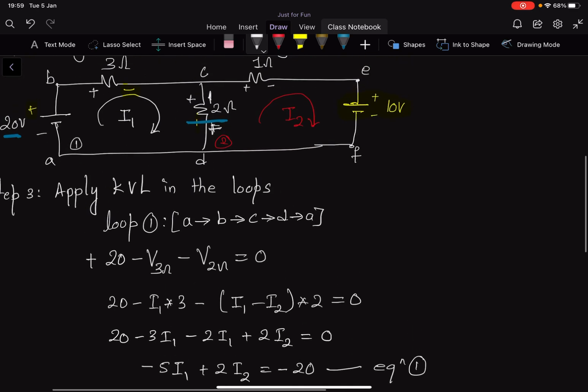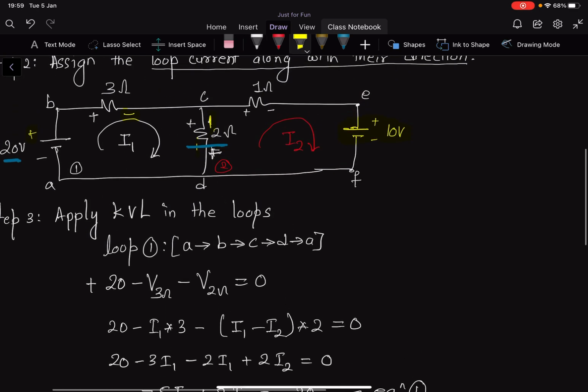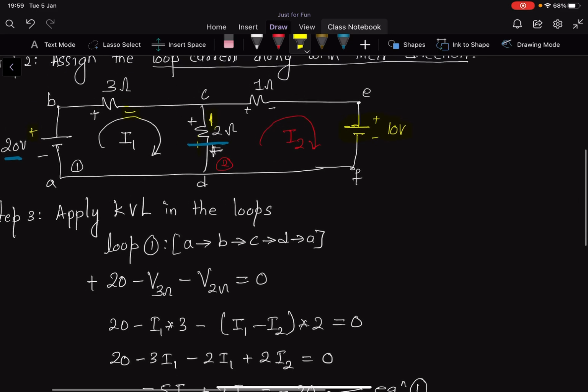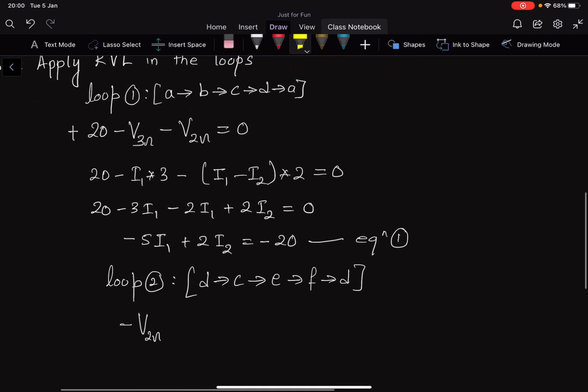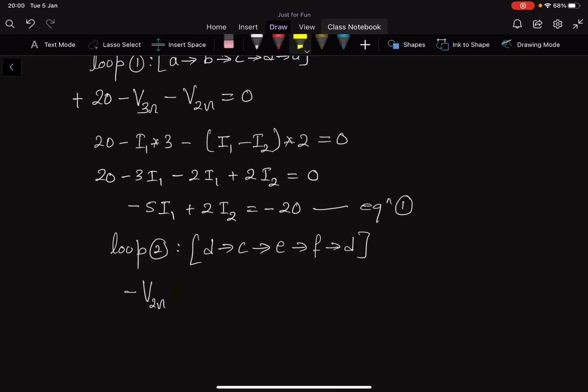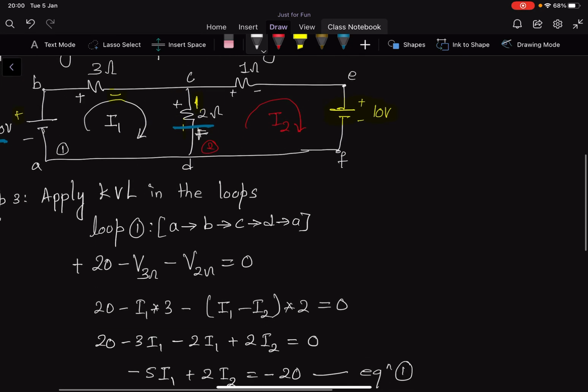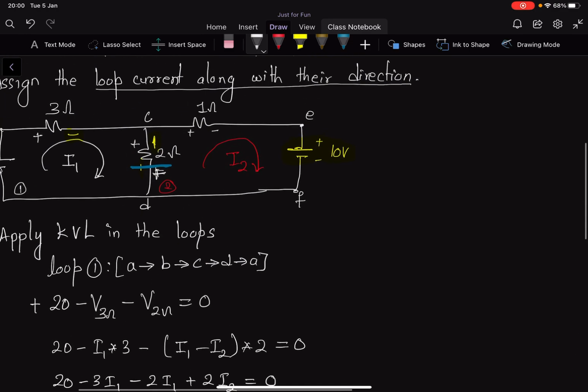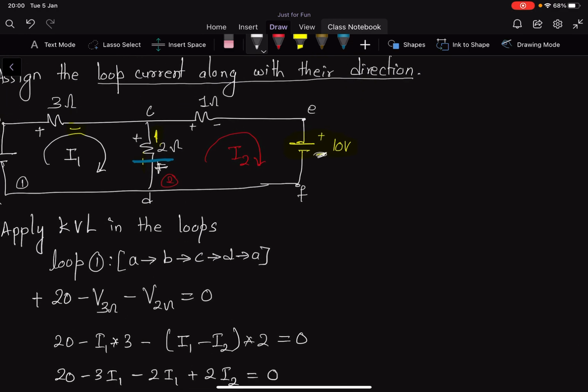And what voltage are you focusing on? The voltage which is at the end of the polarity. So that's going to be minus. Same thing with your 1 ohm resistor. So you have the 1 ohm resistor voltage, and then from E to F we have a constant voltage, which is the battery source there, which is 10 volt. But is it positive or negative? This is the polarity you have to look at, and the polarity you're looking at here is negative.